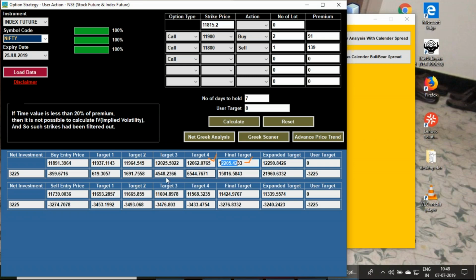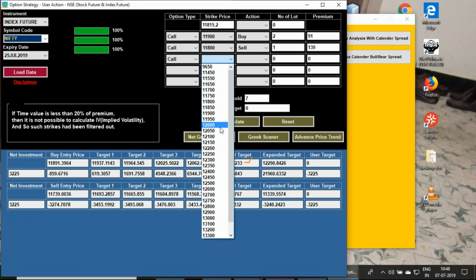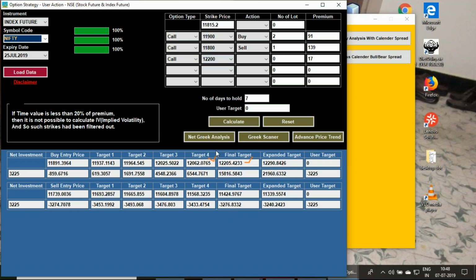My profit, which was just going 1,600 to 4,000 at 12,000 level, is increasing to 6,500 at 12,100 with just a 40 point movement. Once there is a 140 point move, my profit is becoming a 5-digit profit here. So let us have that 11,200 as my benchmark or barometer.